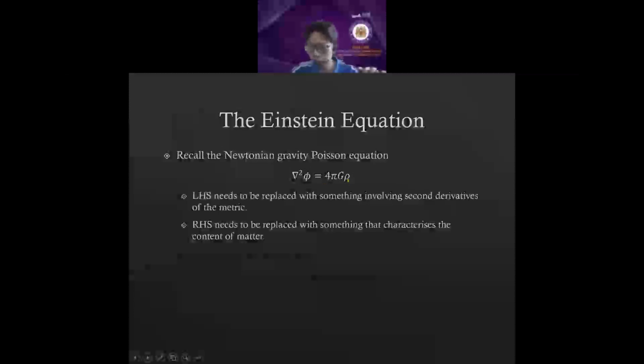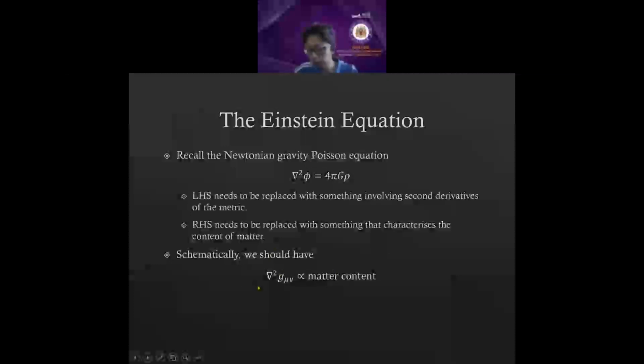Meanwhile, on the right hand side, we have density over here. So it must be replaced by something that characterizes the content of matter. So schematically, we should have something like this.